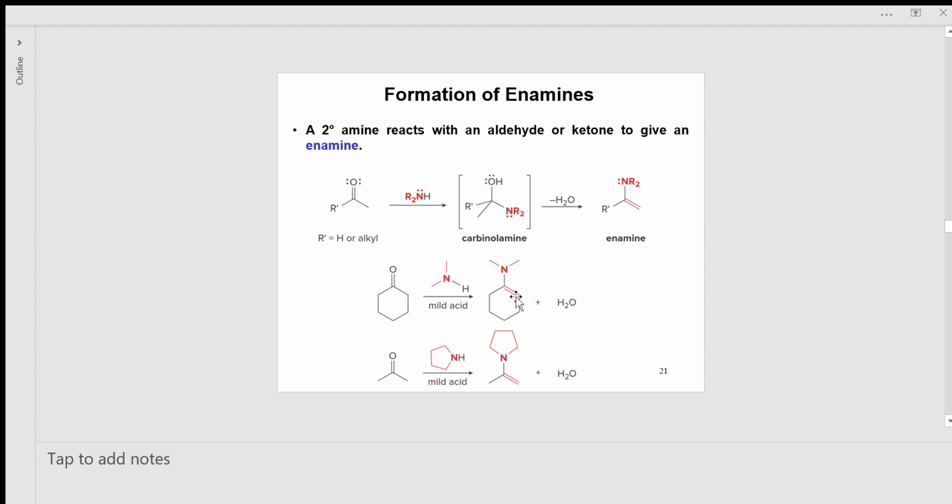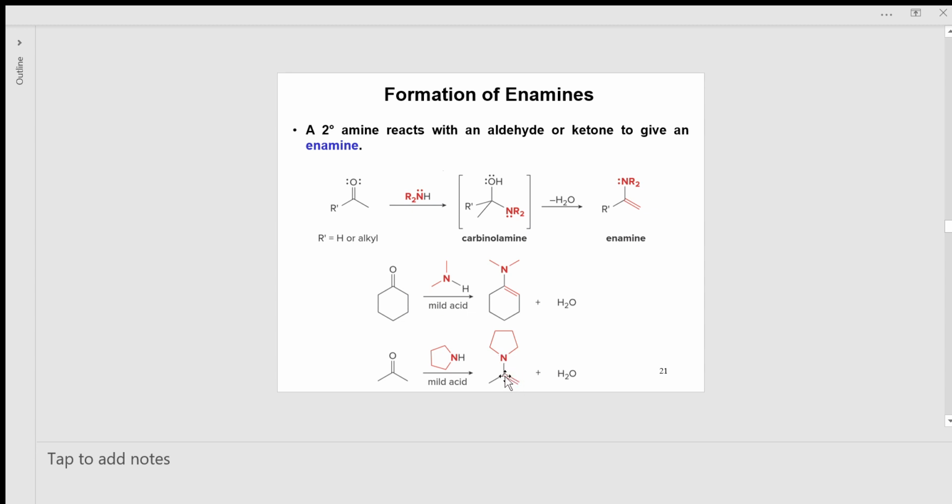You see, the alpha position, either this position or this position. These two carbons will have a pi bond, a carbon-carbon double bond. See, this is the amine part. We have a new carbon-nitrogen bond and a double bond between carbon and carbon.